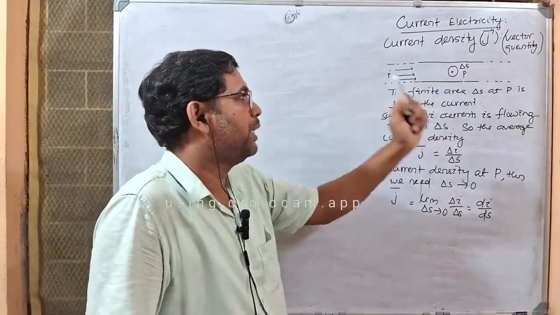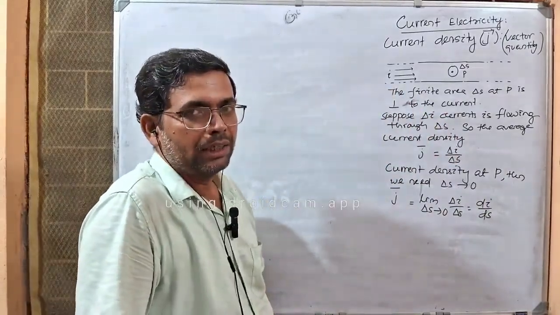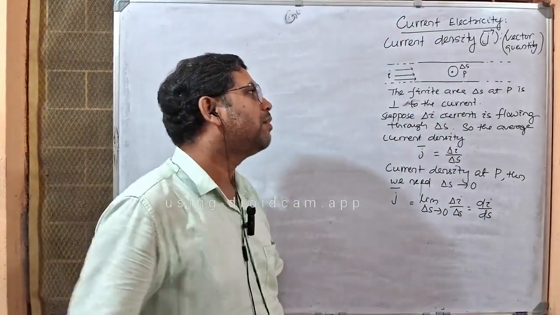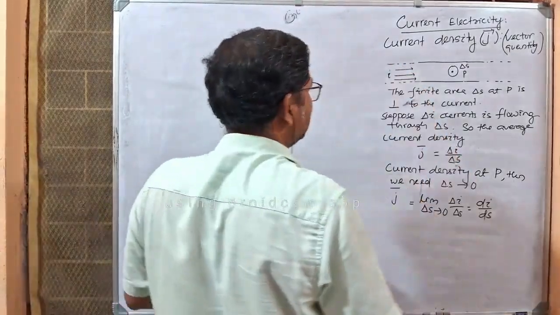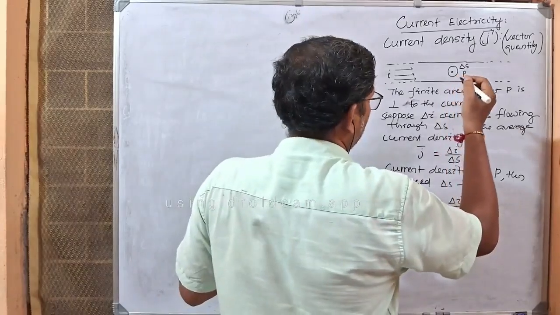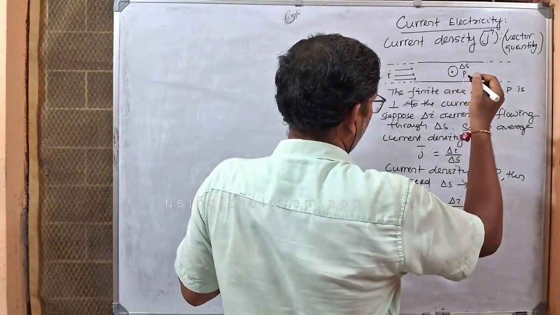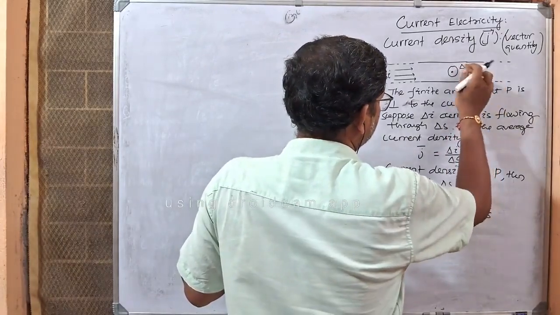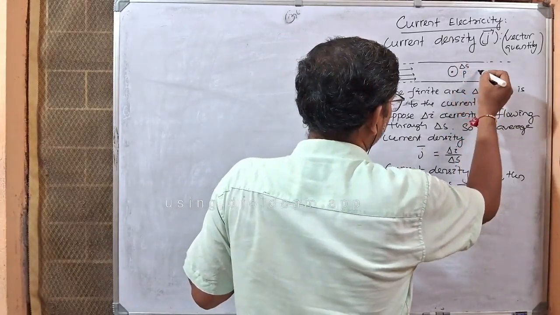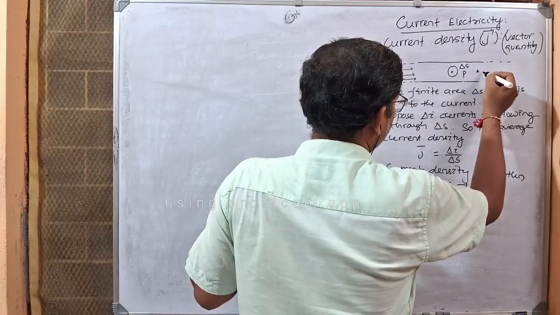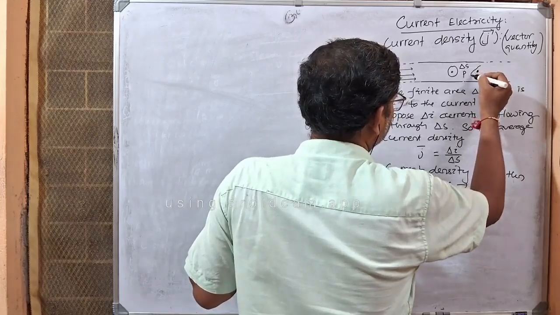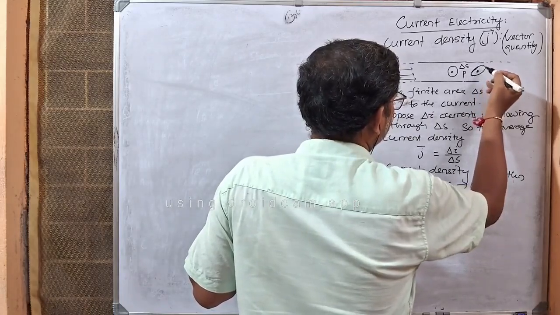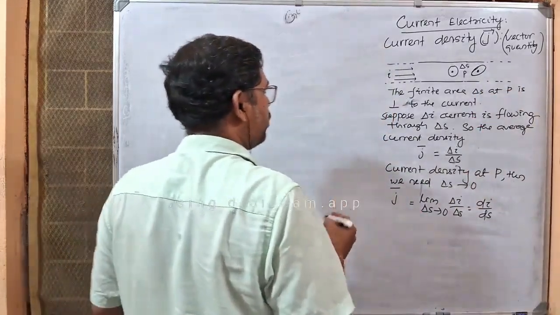If somebody draws the area like this, not like this, at another point P, what will happen?